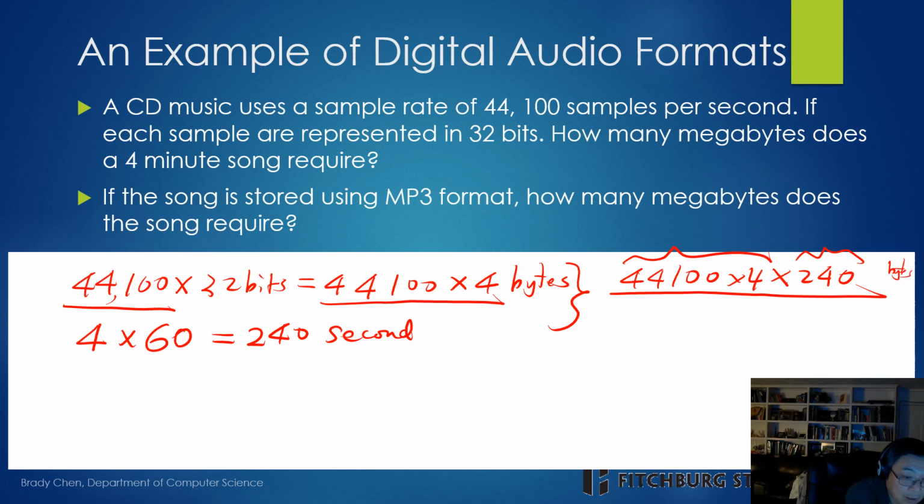Since the number is so big, we can convert bytes into kilobytes by dividing by 1024. Now this is a kilobyte, and then we divide the kilobytes by 1024 again, and this gives you the megabyte, right? So now what is this number?